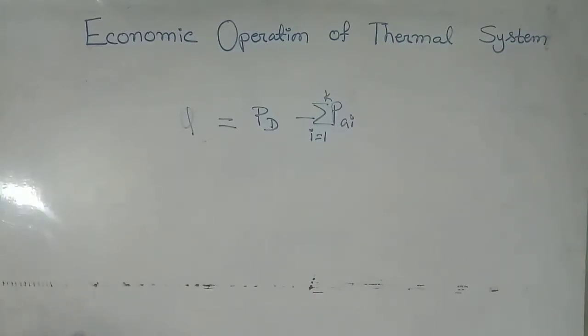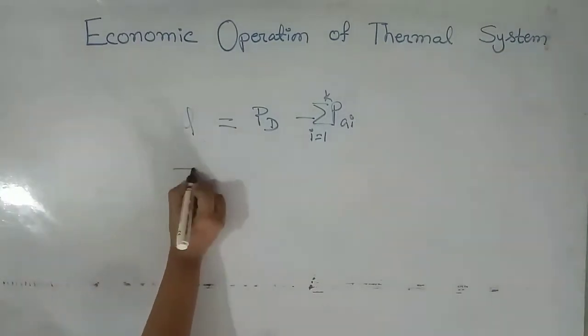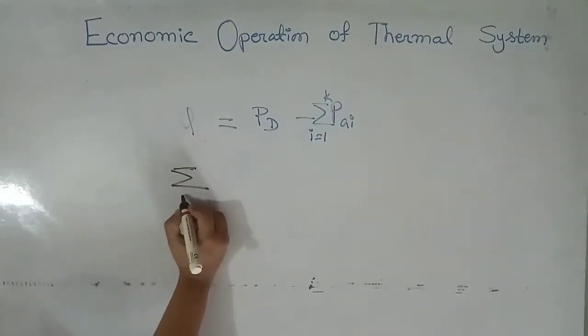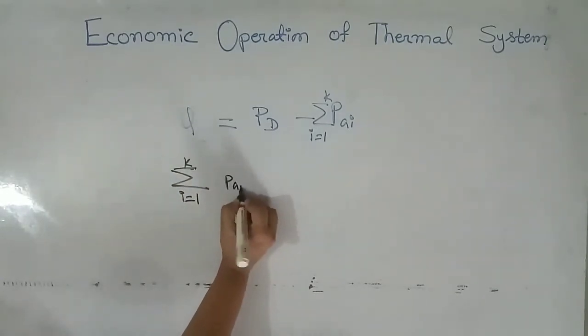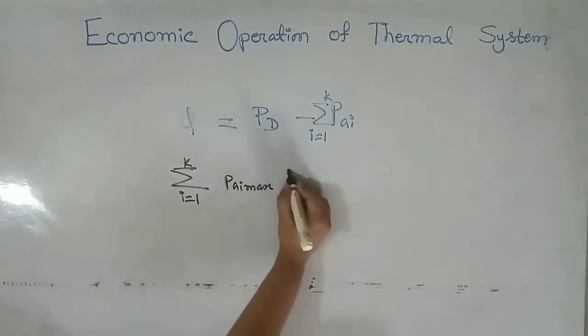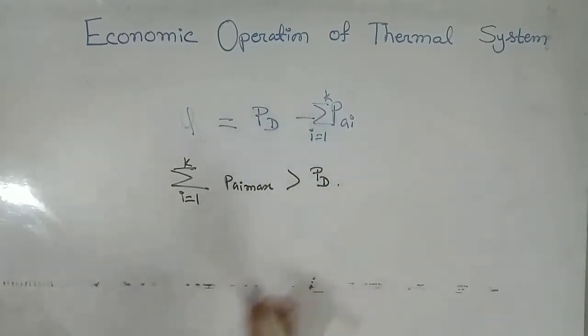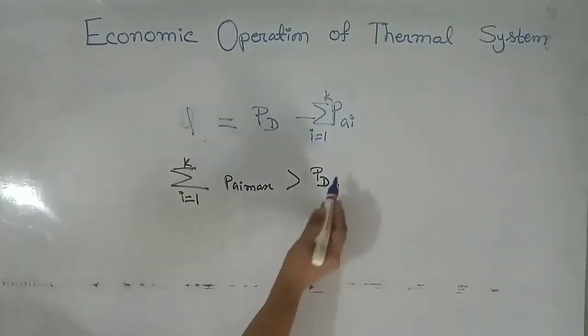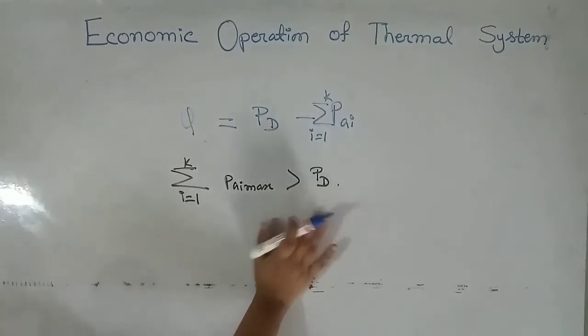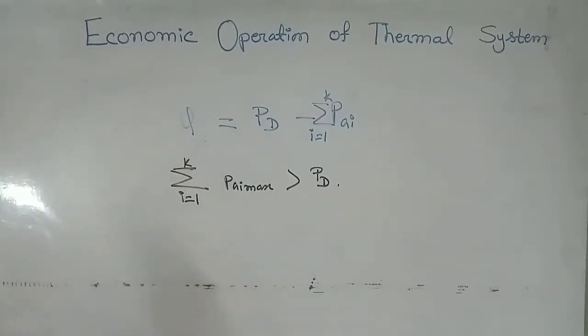What is the actual constraint? Actual constraint is summation i equals 1 to K of PGi max greater than PD. Obviously the electrical output should be greater than the total demand, though we neglect the losses, but consider the spinning reserve. So make our output greater than our total demand. What is spinning reserve? That I will describe later.